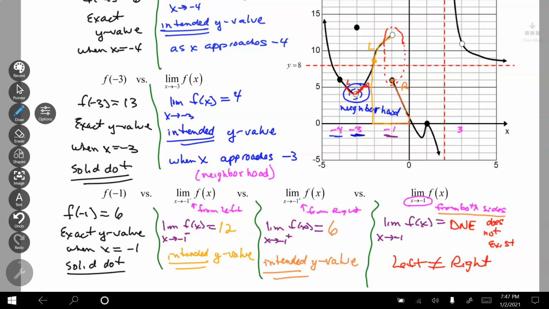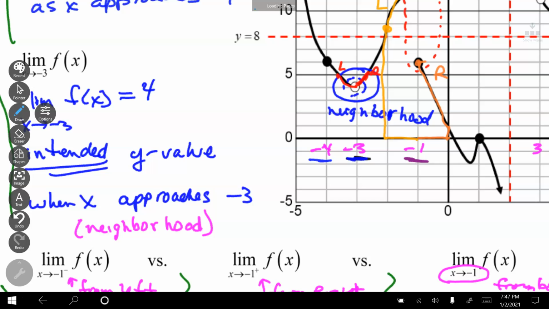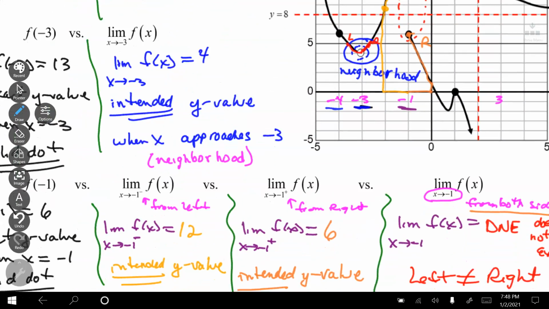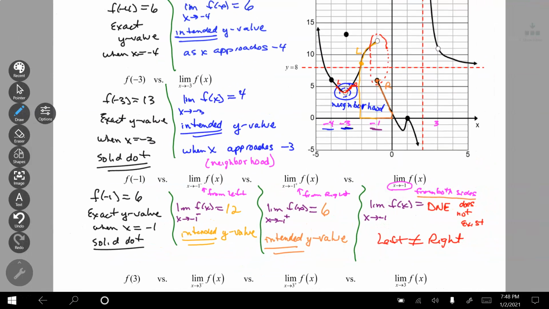See, I can't shrink that neighborhood. I could shrink this neighborhood here to get around y equals 4, but I cannot shrink this neighborhood there. Okay, let me shrink this up.